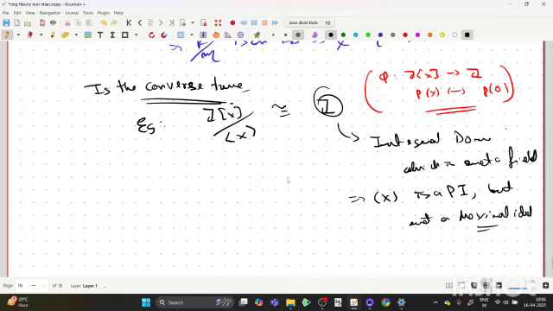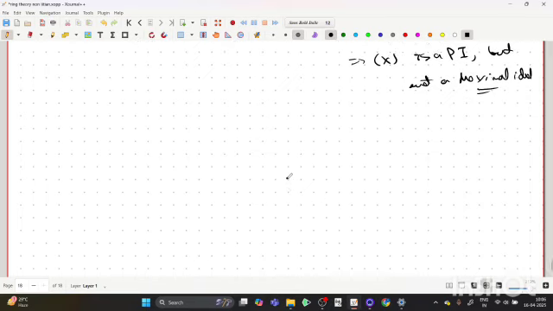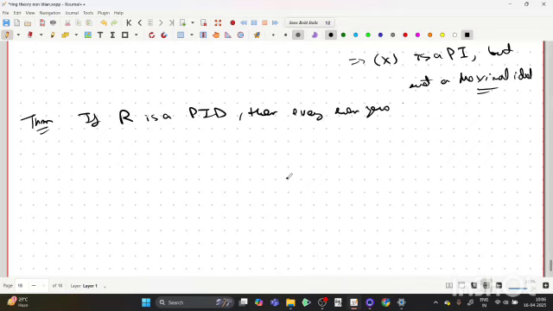So now the next important theorem in this part is the following theorem. Now this is very important. Observe, if R is a PID, that is, a principal ideal domain, then every non-zero prime ideal is a maximal ideal.